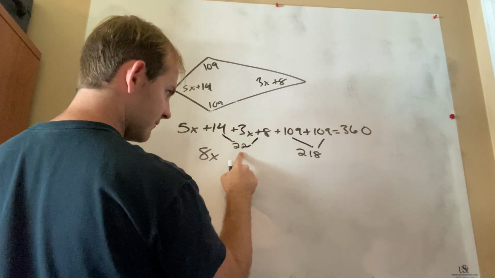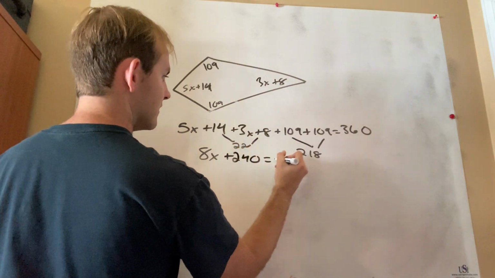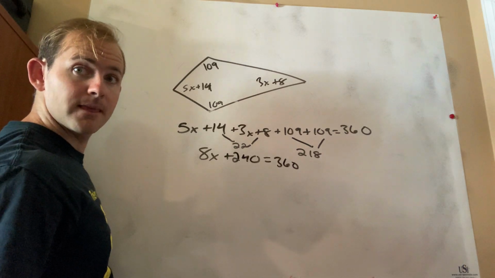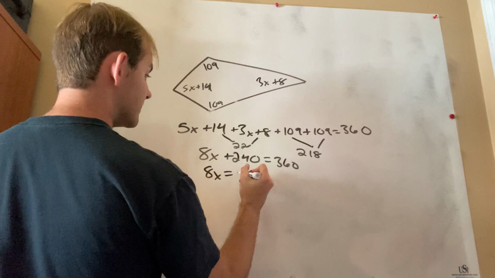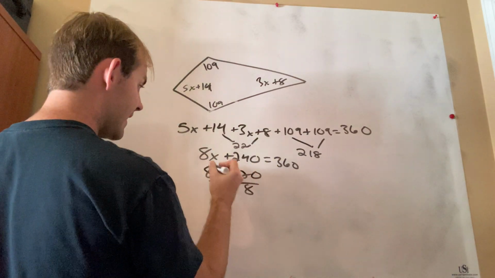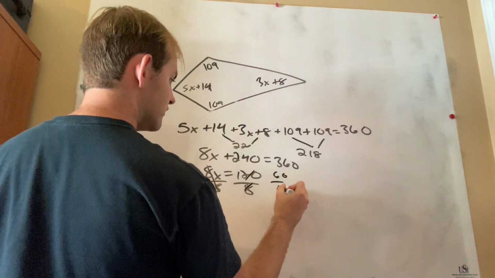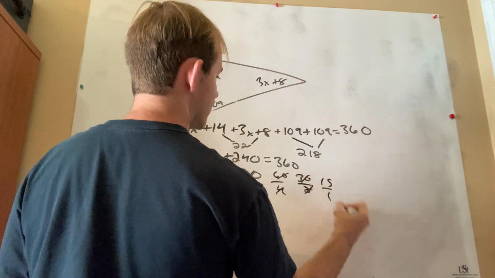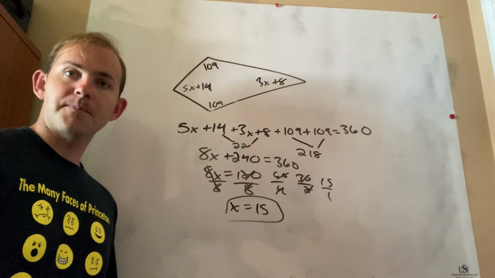And 218 plus 22 gives me 240. From here, it's actually a relatively simple two-step equation. Subtract 240 from both sides, and then divide both sides by 8. Let's see, that's 60 over 4, which is 30 over 2, which is 15 over 1. So x would simply be 15.